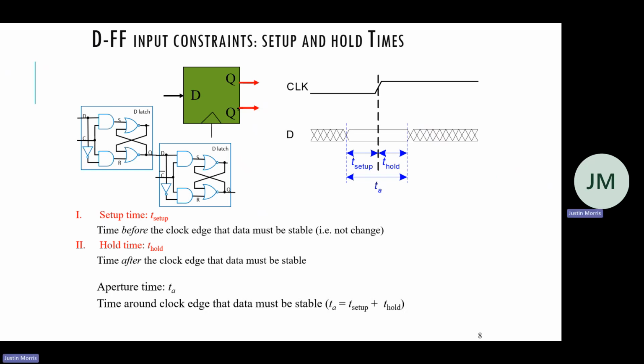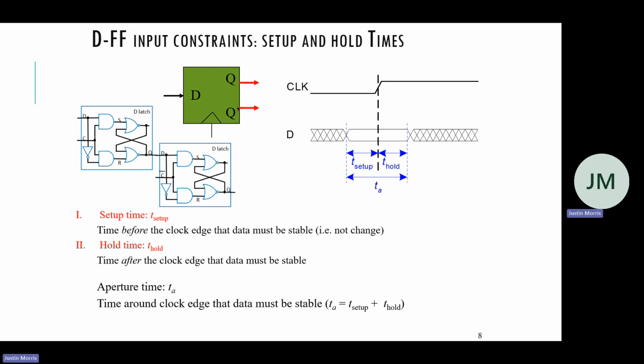All right, so is setup time clear? Yes. D cannot change during setup. Yeah, when it's trying to latch. Because if D is changing, we are going to latch onto the value, then it could be undefined or it could just not propagate through the latch.